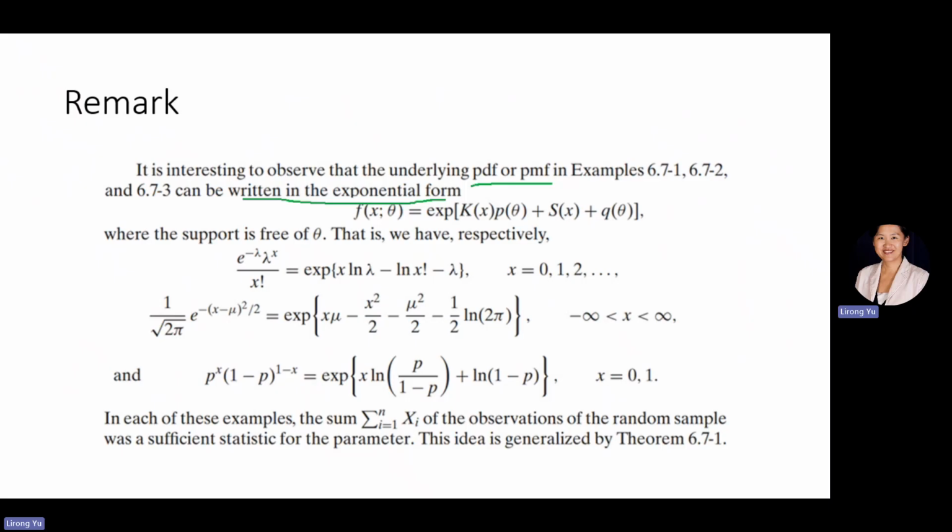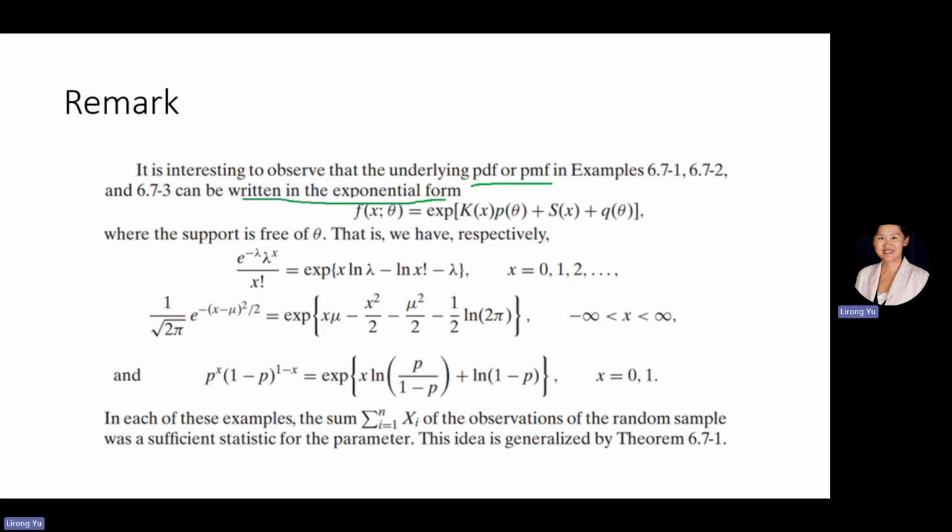In order to identify the sufficient statistic, one of the things you can do is analyze the density function. All density functions can be analyzed into this form: you can turn the density function into an exponential function. Then in the exponent, part of it will be a multiplication of a function related to theta with a function related to x.